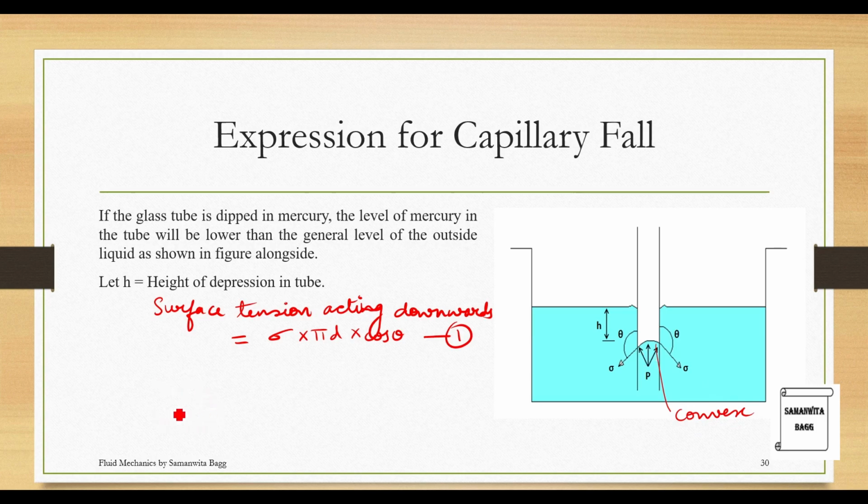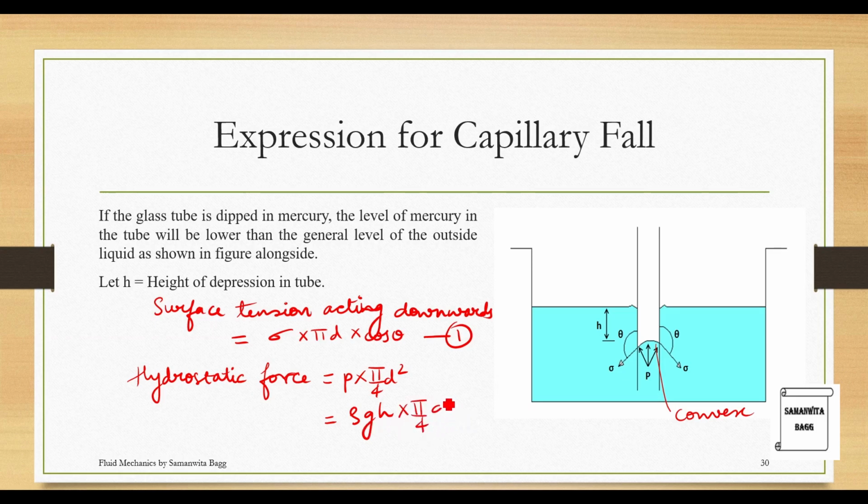So the hydrostatic force which needs to be taken into account will be nothing but P into pi by 4 d square. P in itself is rho g h. So this becomes rho g h pi by 4 d square as the formula. You can mark this as equation 2.